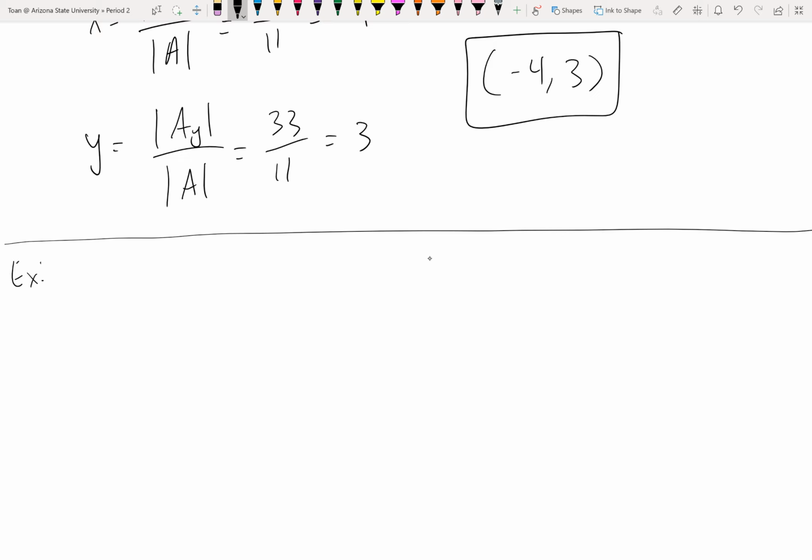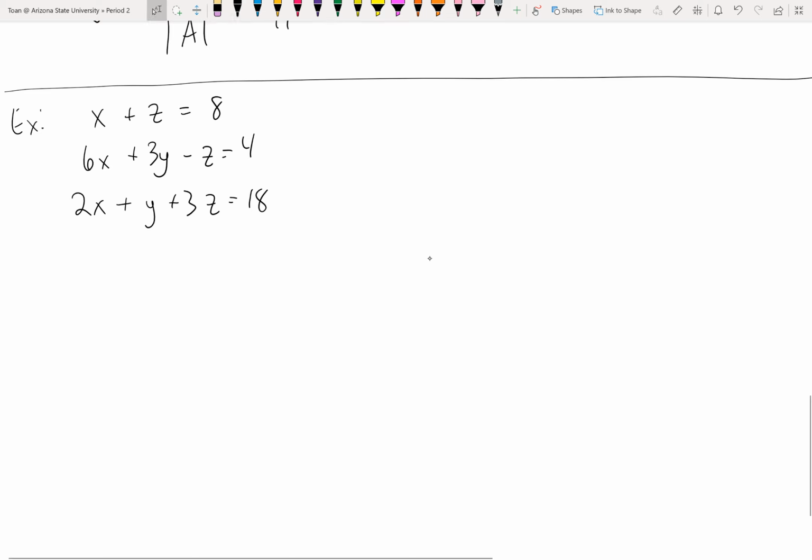Say, I don't know, x plus z equals 8. 6x plus 3y minus z equals 4. 2x plus y plus 3z equals 18. So let's do the determinant of A. That's going to be 1.